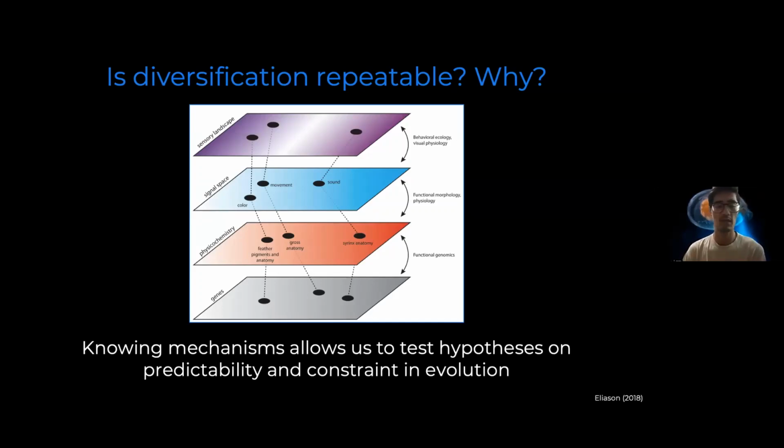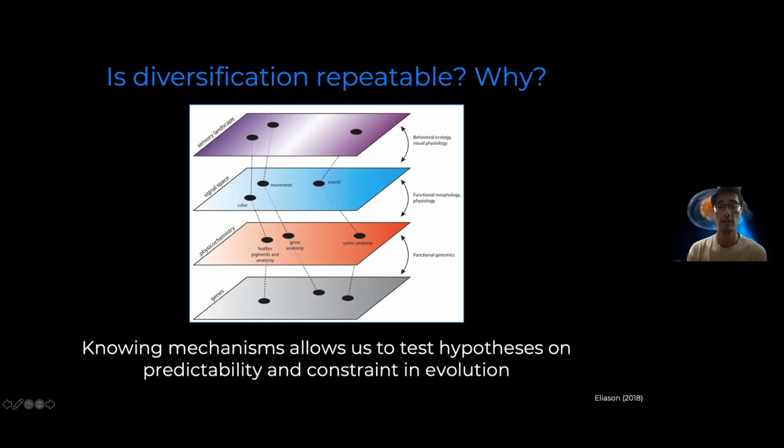But some people would argue that you don't need to know mechanism in order to understand that question. I would say that in order to assess all the different hypotheses about why a behavior or any phenotype exists in its current state, mechanism can be really informative to test alternatives like the predictability and constraints behind the evolution of the phenotype.